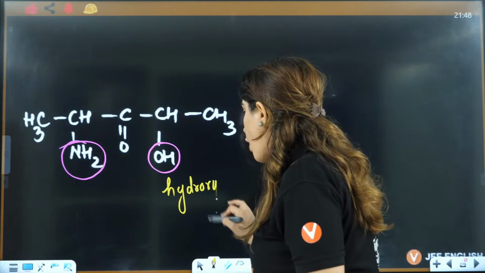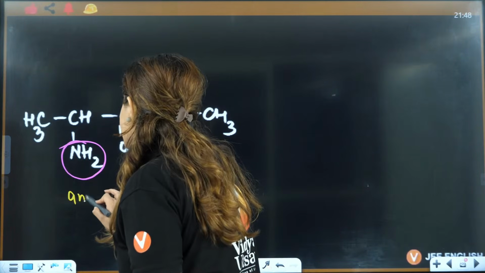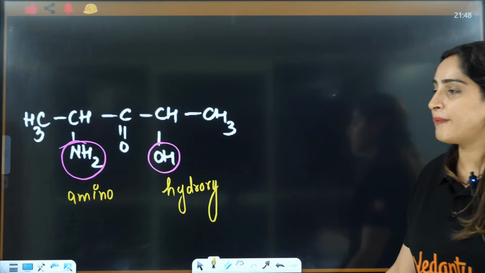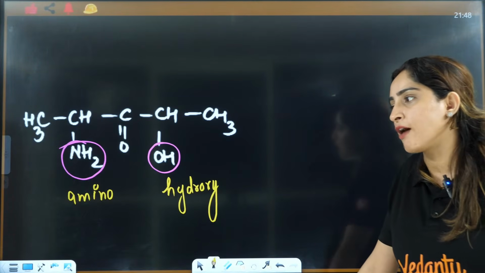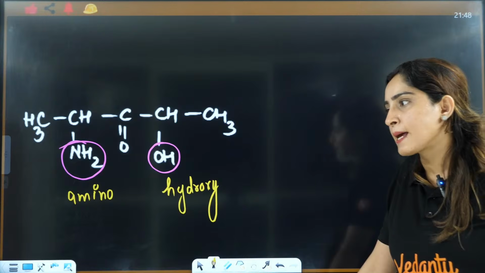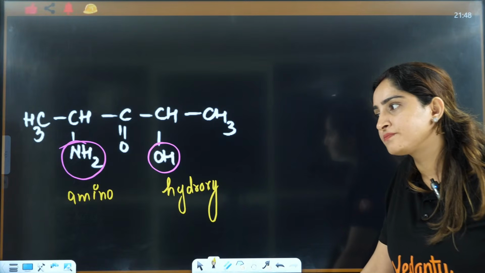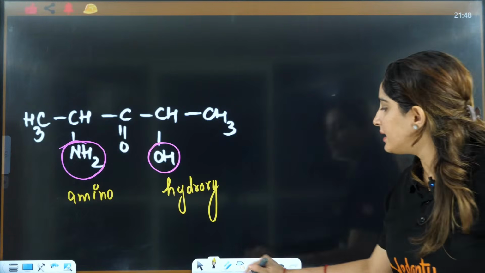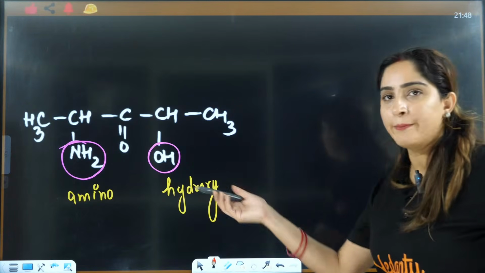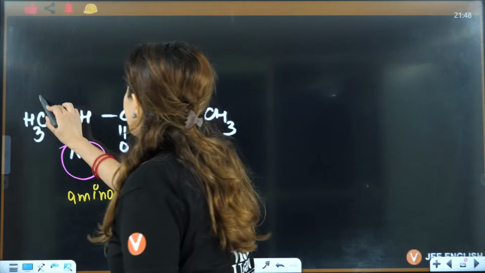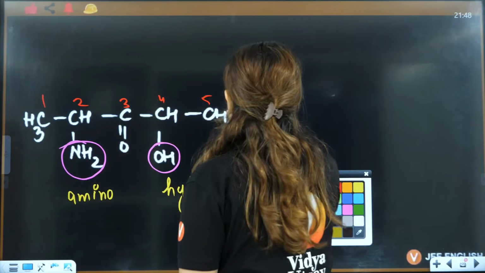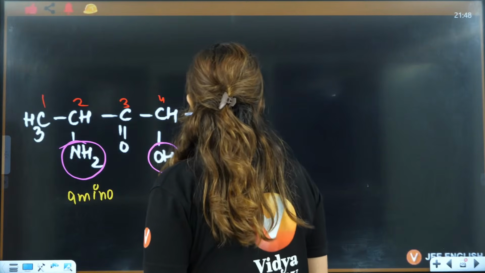Now tell me, according to alphabet, which is alphabetically before and which is after? So, amino is before. So, I'll answer it like 1, 2, 3, 4, 5.